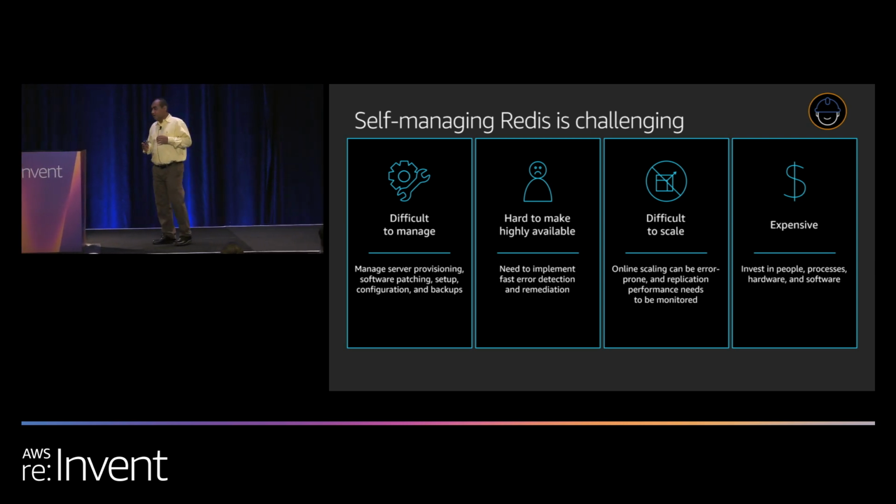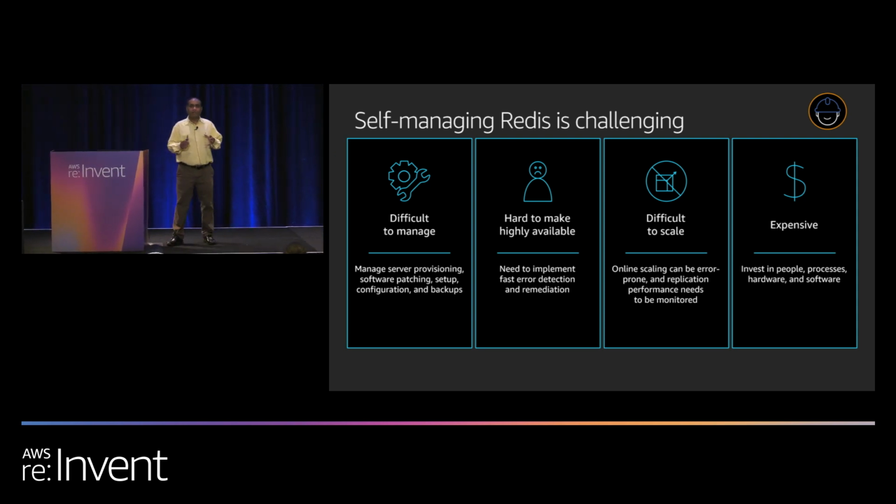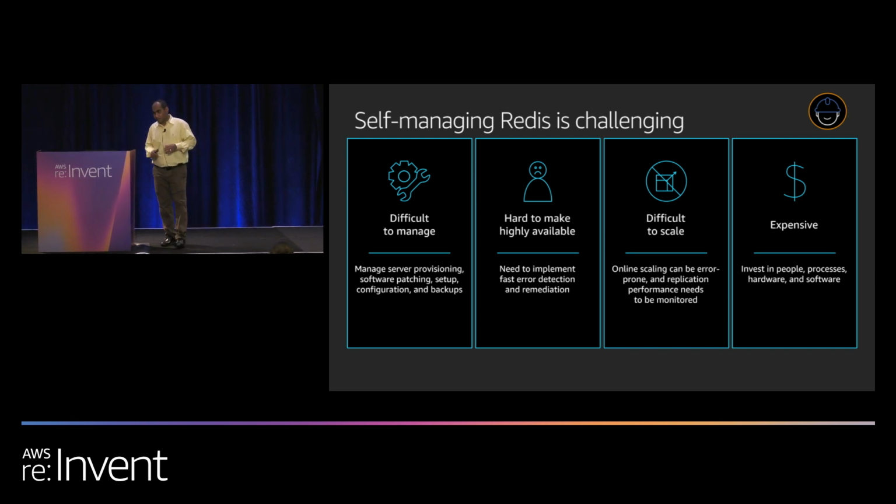It's difficult to scale. Many times for real-time applications, one of the things that changes rapidly is your transactions per second. A lot of times you don't have a leading indicator of when you're going to get more volume of requests.